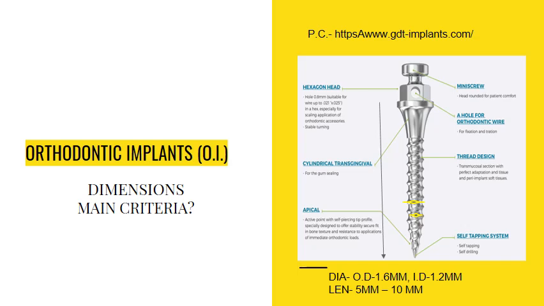Now when you are selecting a T.A.D, always consider the length of the shank, because if you are placing a T.A.D in an area where attached gingiva is thick, obviously you will have to select a T.A.D with a slightly longer shank, because we already know the shank plays a very important role in forming a good gum seal or gingival seal. In areas where the gingiva is very thin, we need to select a T.A.D with a shorter shank, and in areas where the gingiva is very thick, we need to select a slightly longer shank. Just keep that in mind when you're selecting your next T.A.D.